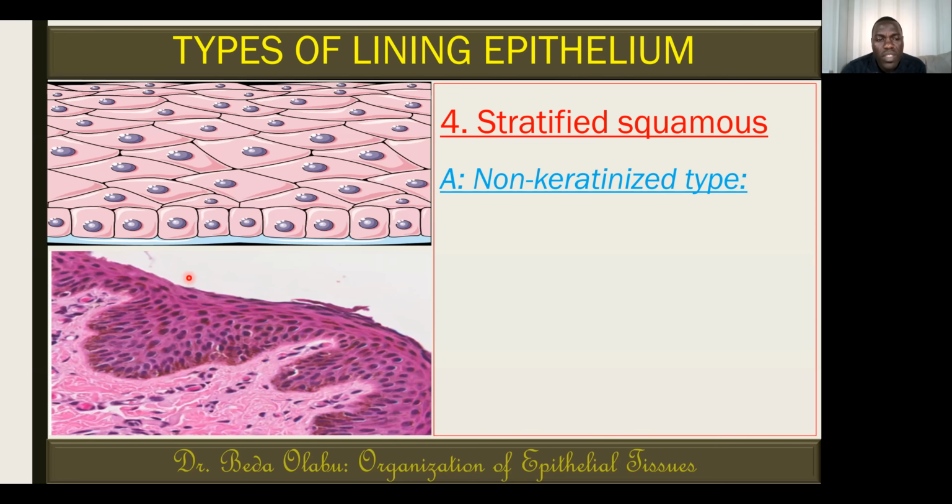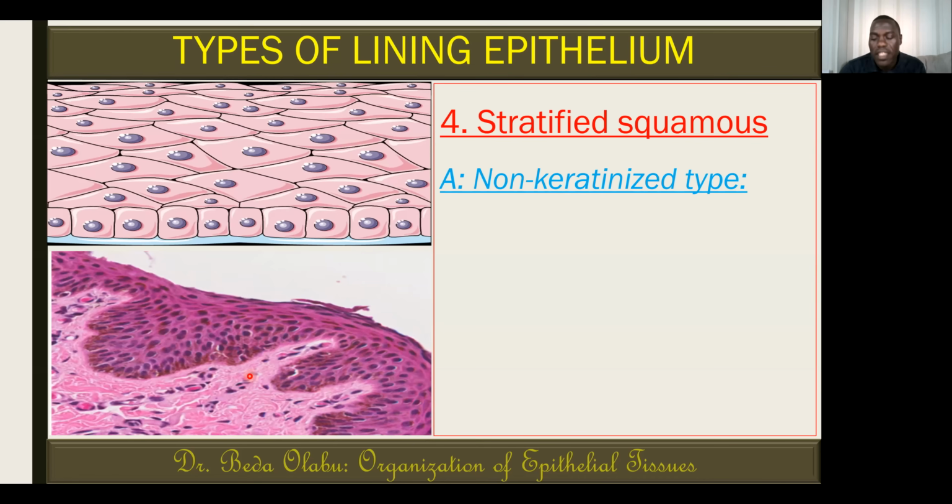The apical surface specialization that we tend to have in stratified squamous epithelium is keratin. So this one does not have a keratin layer, therefore we call it non-keratinized. So this type of epithelium, the image below, is what we call stratified squamous non-keratinized epithelium.